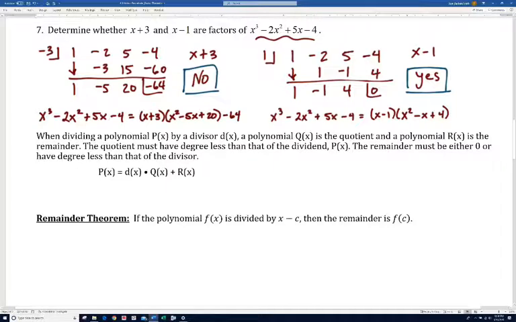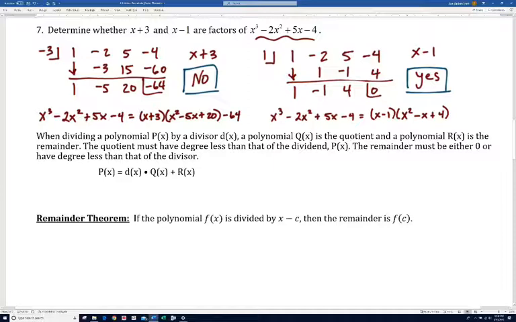The quotient must have degree less than that of the dividend p of x. So in other words, when we divide p of x by d of x, we're going to get a lower degree, which is what we've been seeing. The remainder must either be 0 or have degree less than that of the divisor.